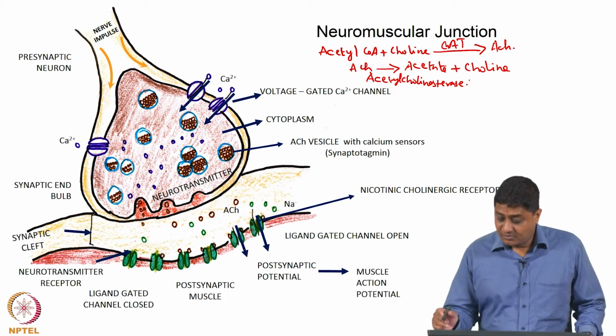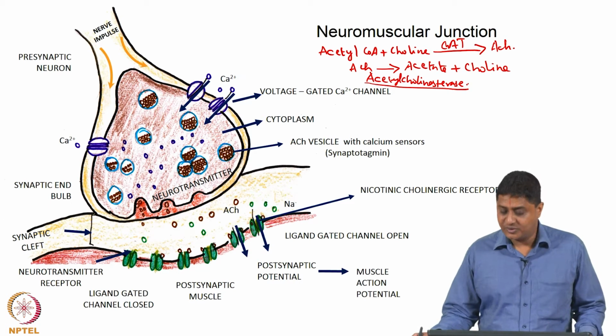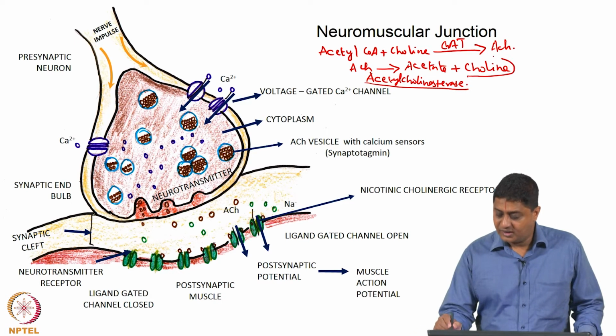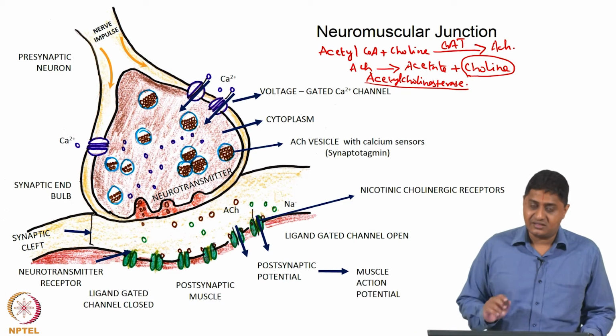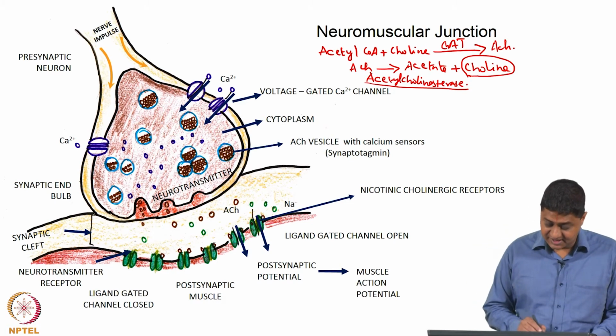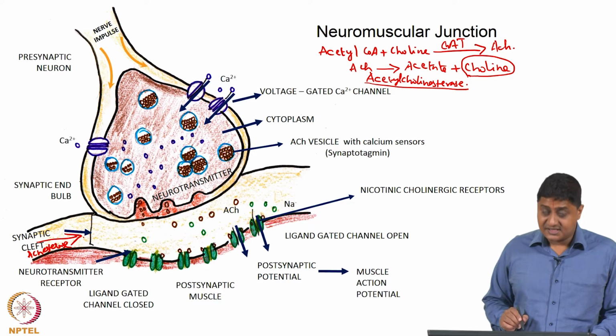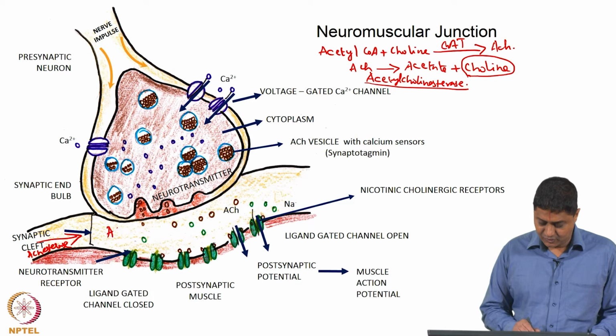Also remember, when acetylcholinesterase breaks acetylcholine into acetate and choline, part of this choline is reuptaken back into the presynaptic terminal. So, where is this acetylcholinesterase acting? At the synaptic cleft, where it breaks acetylcholine into choline plus acetate.